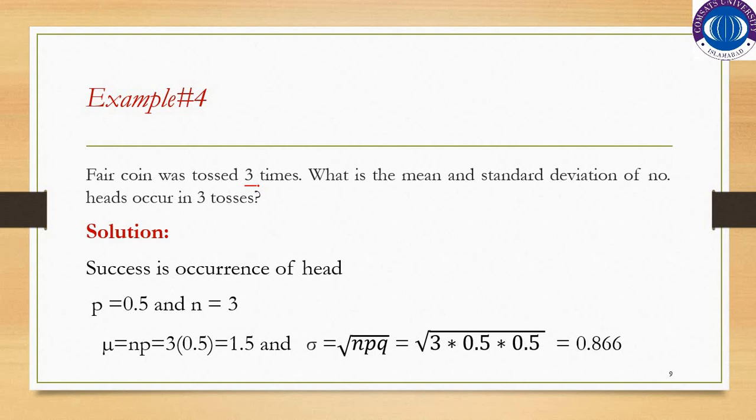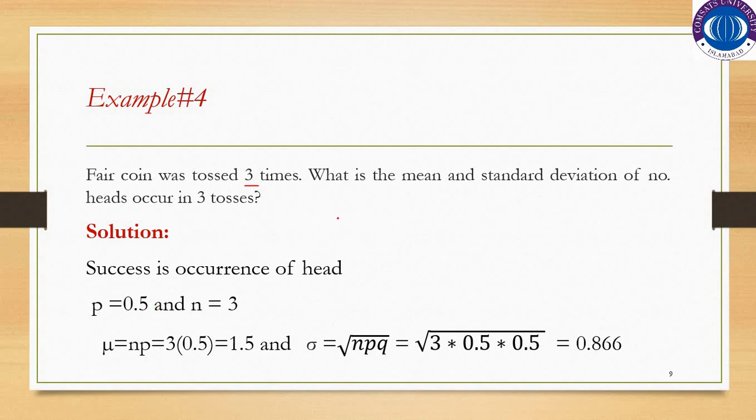You toss the coin 3 times or 4 times or 5 times, each outcome will be independent from the outcome of the other trials. So p will be equal to 0.5, 1 by 2. Obviously then q will also be equal to 1 by 2, that is q is equal to 1 minus p.